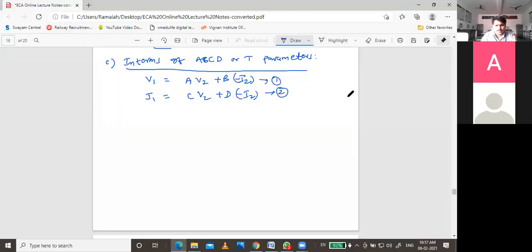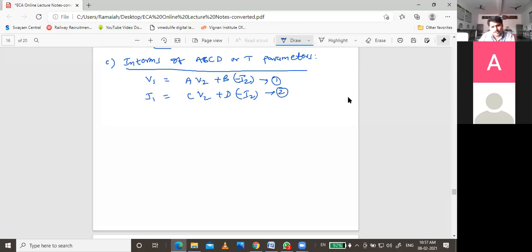Right. Now I want V1 equal to something into I1 plus something into I2, the Z parameters first equation. But something into I2 is there, and something into I1 is not there. Therefore, you replace this V2 value in terms of I1.